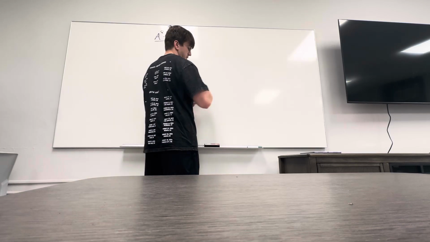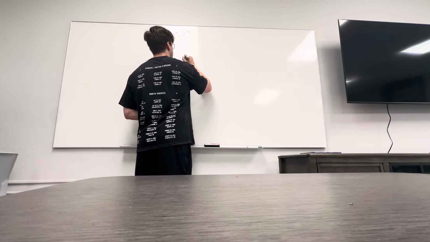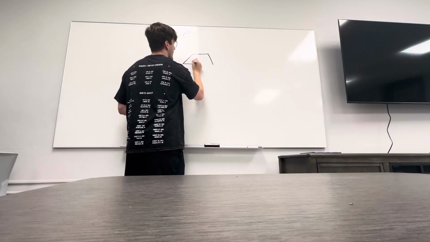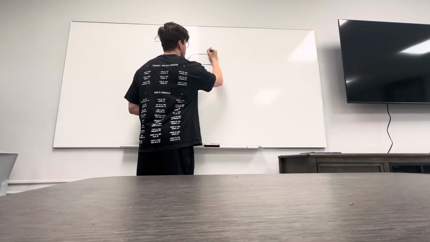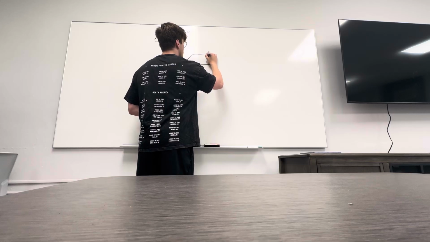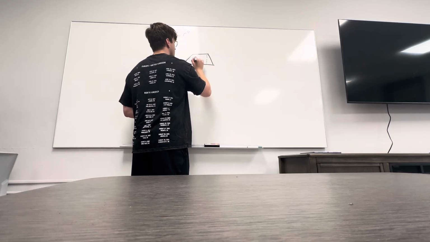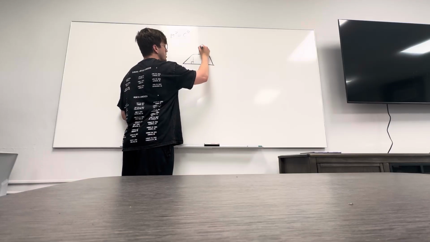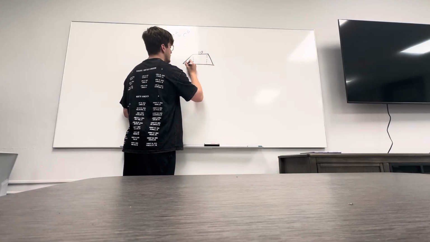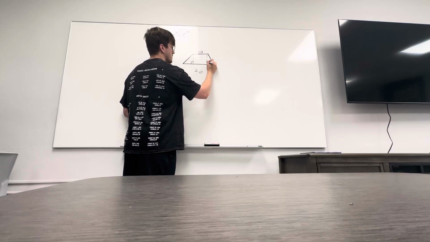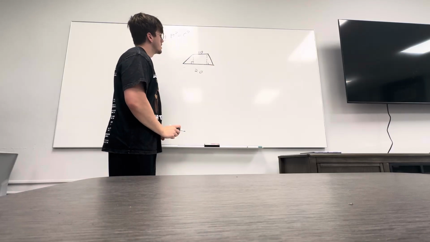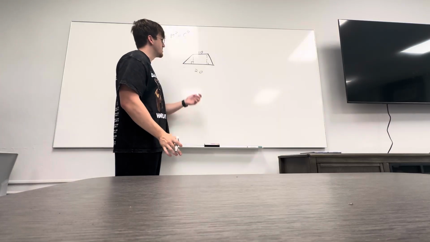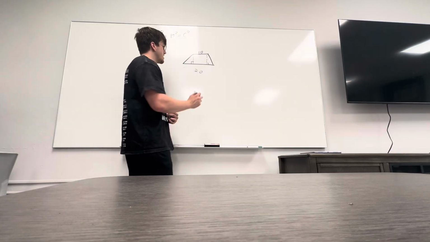Alternatively, if you have a poorly drawn trapezoid with a couple numbers, you know that you can use it to find the area eventually.